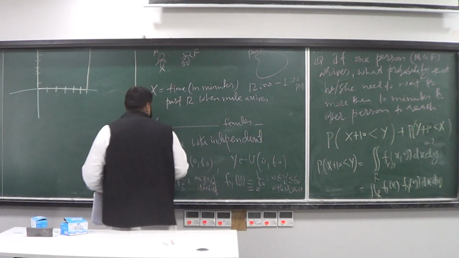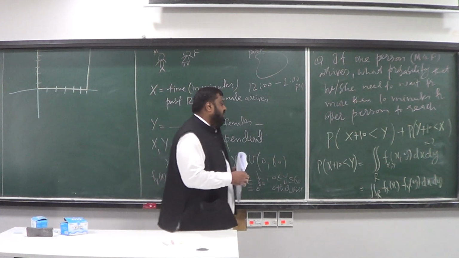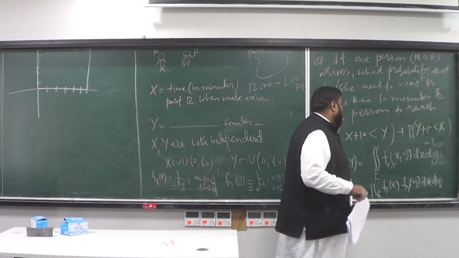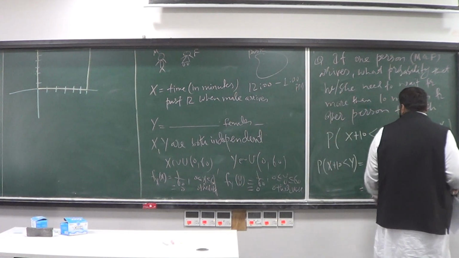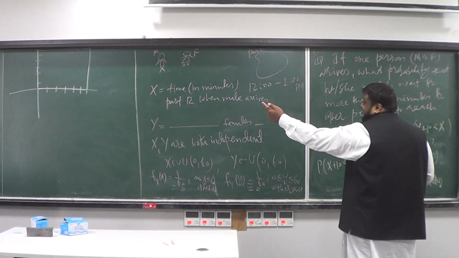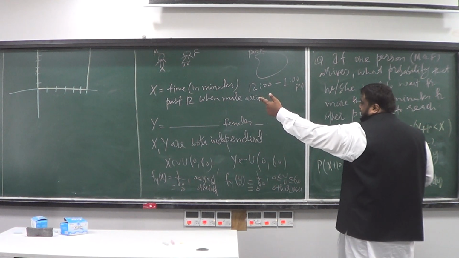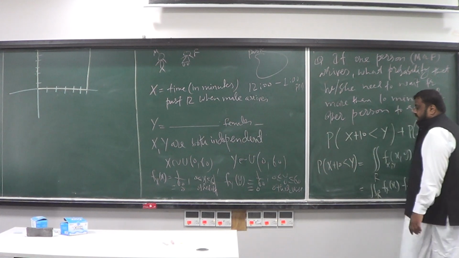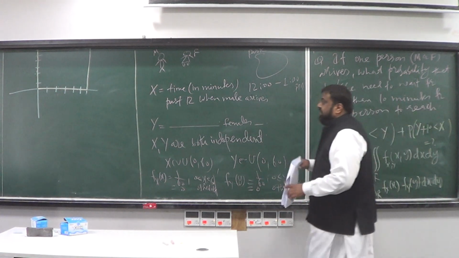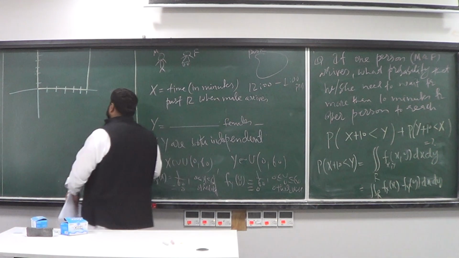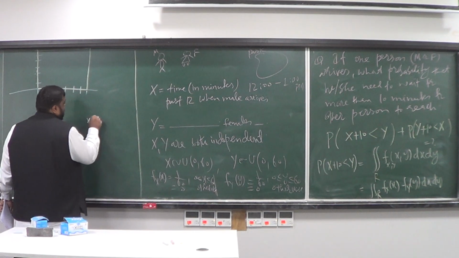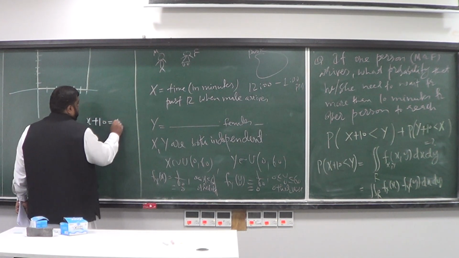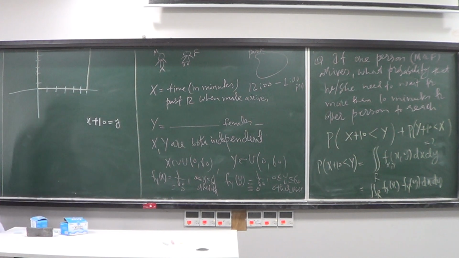So what is the next thing? The next thing is to plot. My x and y not only need to stay in this rectangle, but they also need to satisfy this constraint, which is x plus 10 greater than y. So let's compute, for example, what would be the equation of the line x plus 10 equal to y.